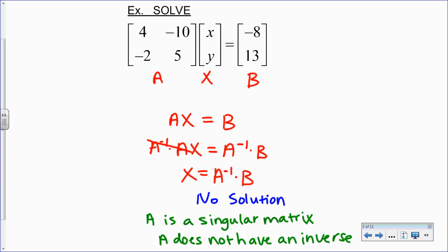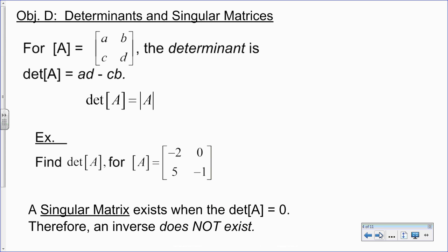All right. So we're going to talk about what AD minus BC is, and it's called the determinant. So the determinants are used to help us find inverses and for some other things. This says AD minus CB, but it's the same thing as AD minus BC. Okay, the order doesn't matter.